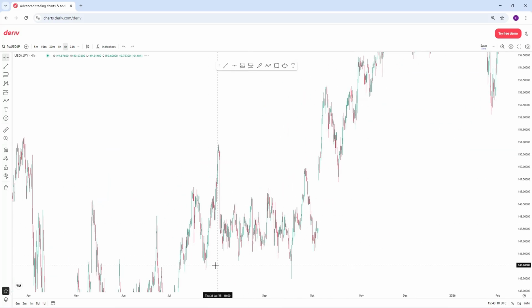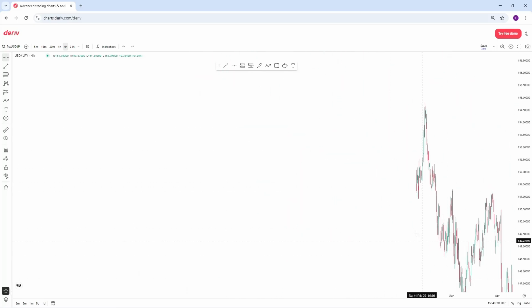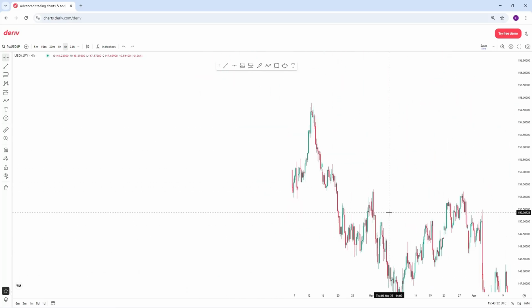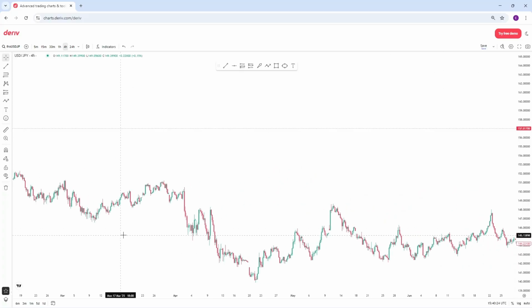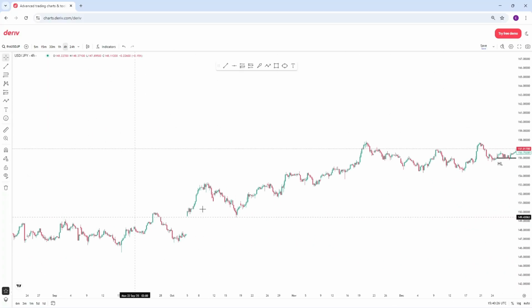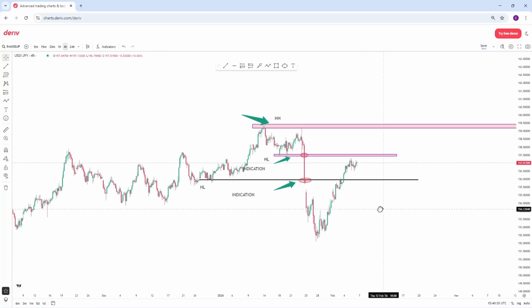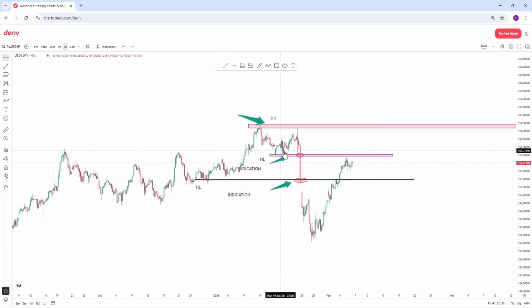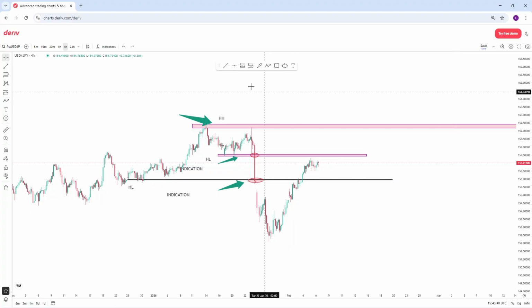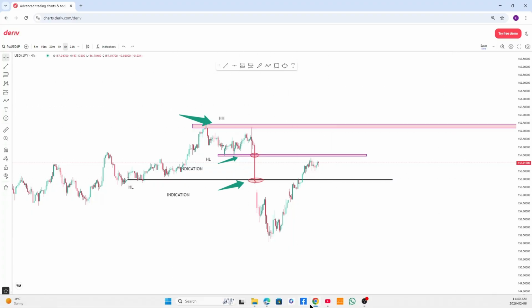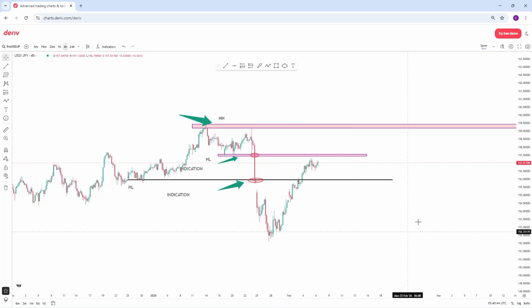That was for a buying indication, and this is for a selling indication. Break to the downside, correction, then we're waiting for a continuation. So for this video, see you next one.